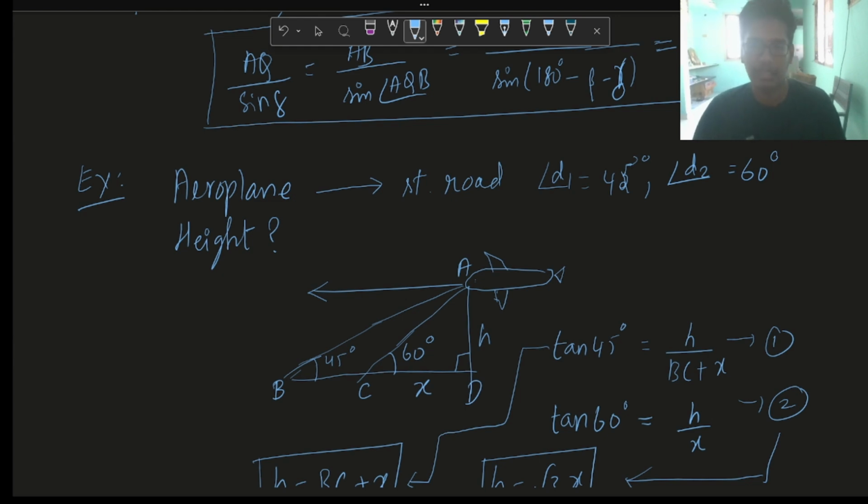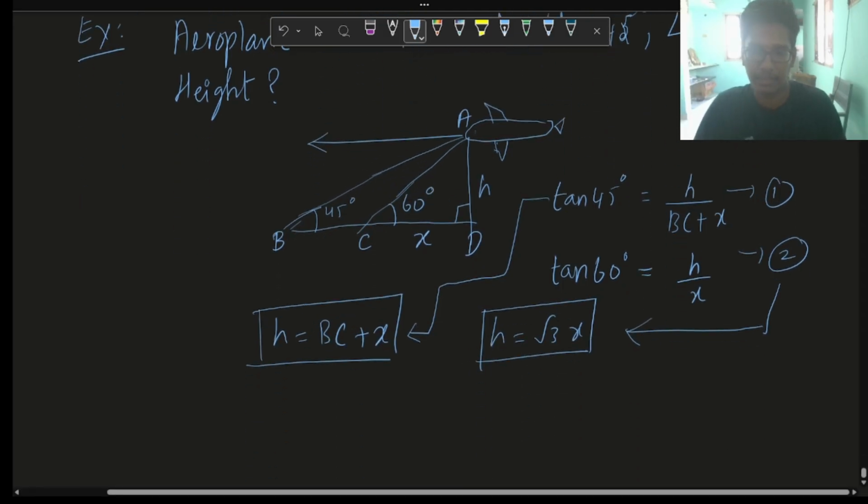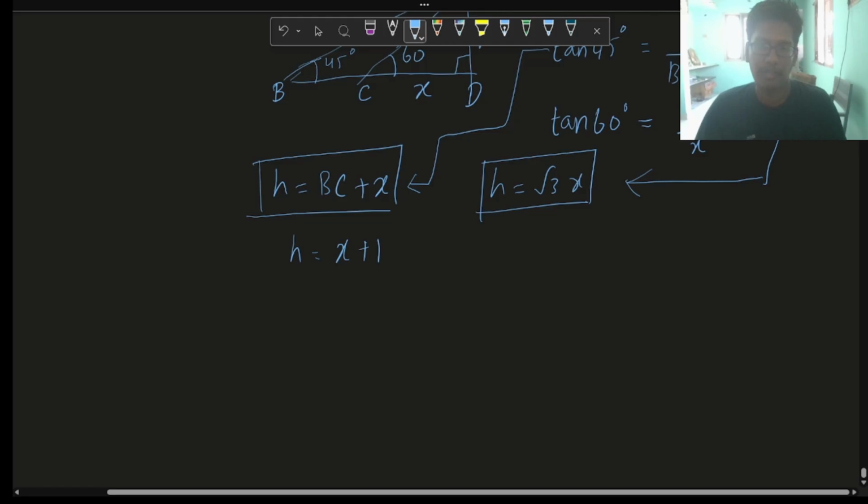So the consecutive gives us the value of BC as 1. So H is equal to X plus 1.